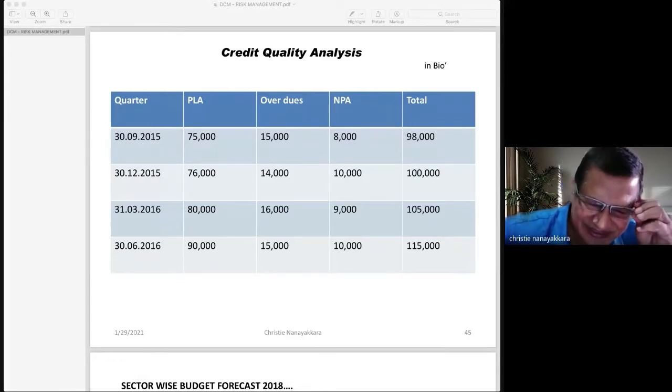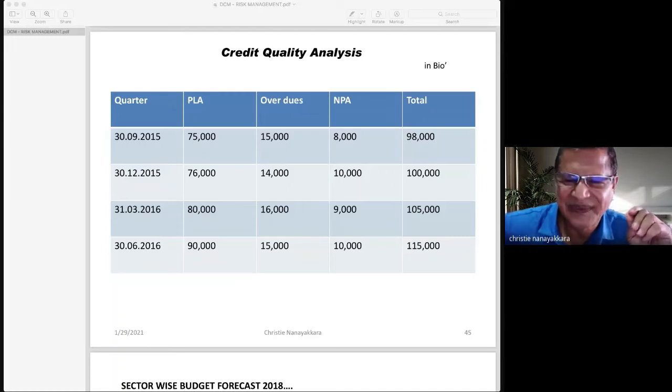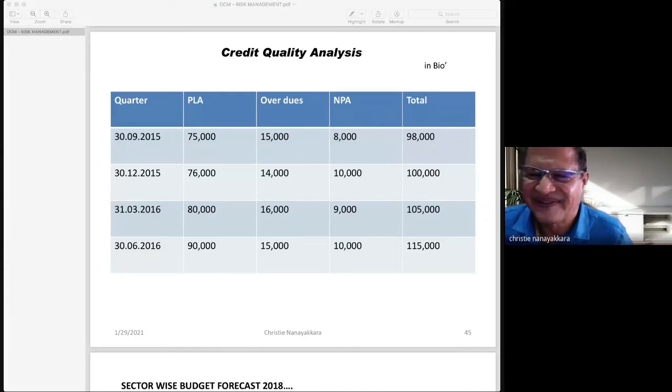And in Basel II, a capital adequacy ratio of 10% was sufficient. When we introduced Basel III in 2019, this ratio was enhanced to 14%. That is the concept we have in capital adequacy.